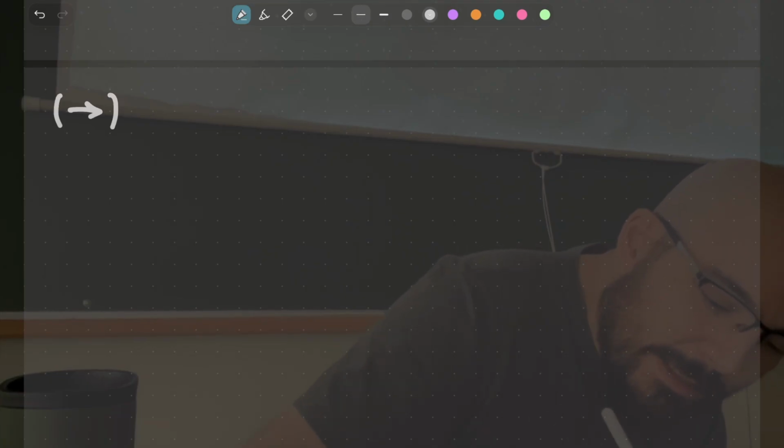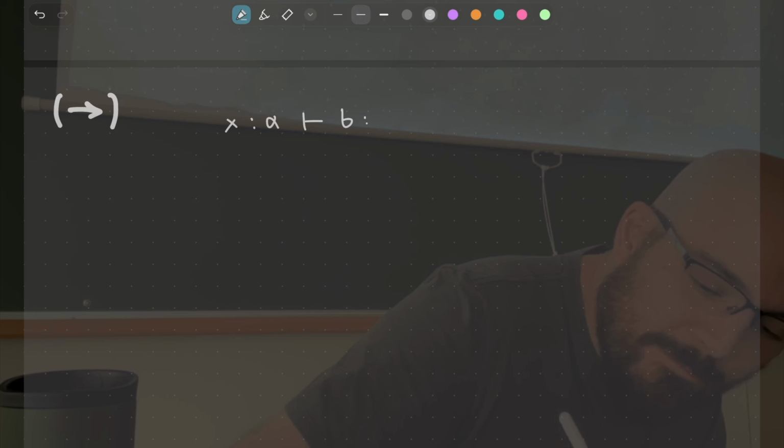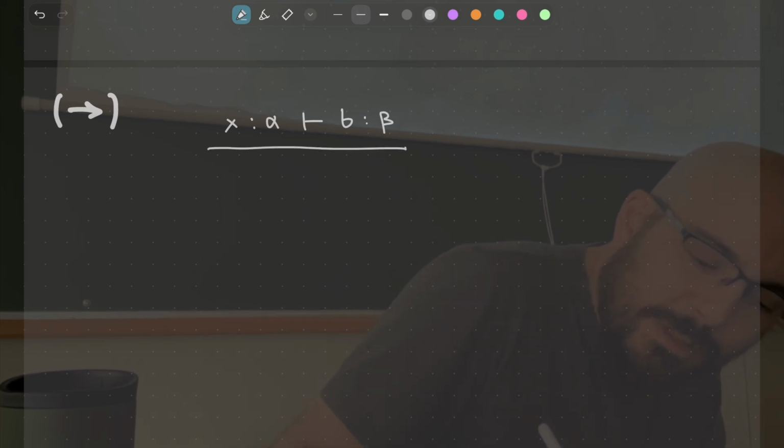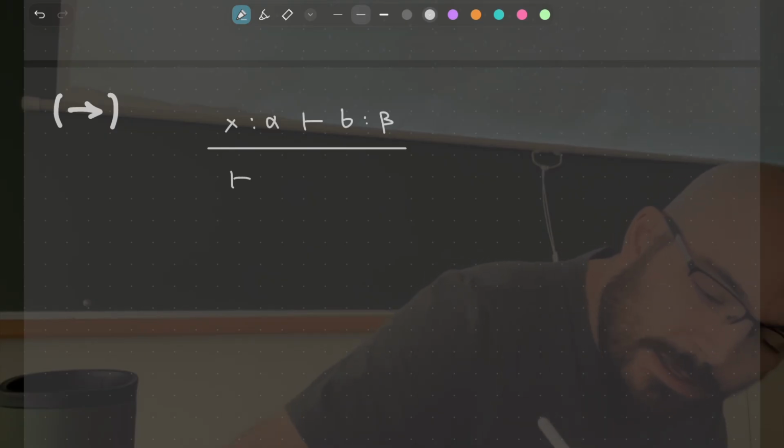It was something like if you have an x of type alpha, and from this you can define something like b of some type, I don't know, beta. The idea is that out of this I can get, without this dependence anymore, a lambda xb, and this is of type alpha cross beta.